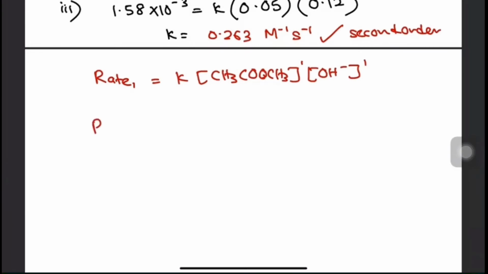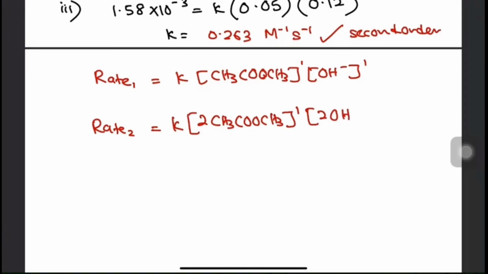Now we have a second situation whereby the concentration of both species is doubled. So that's how you write it. You're doubling the concentration, so you put a 2 in front of the species inside the square bracket.